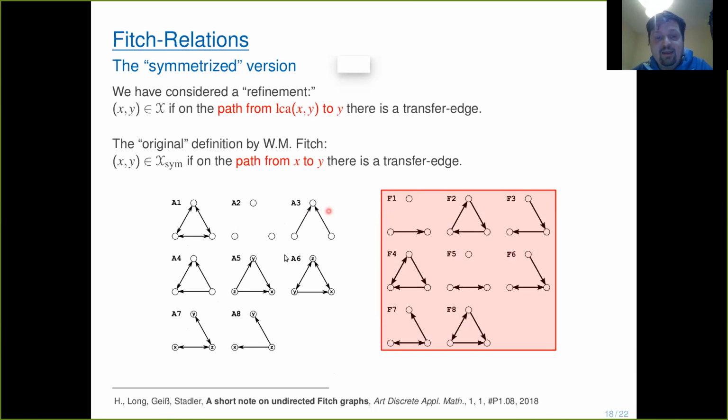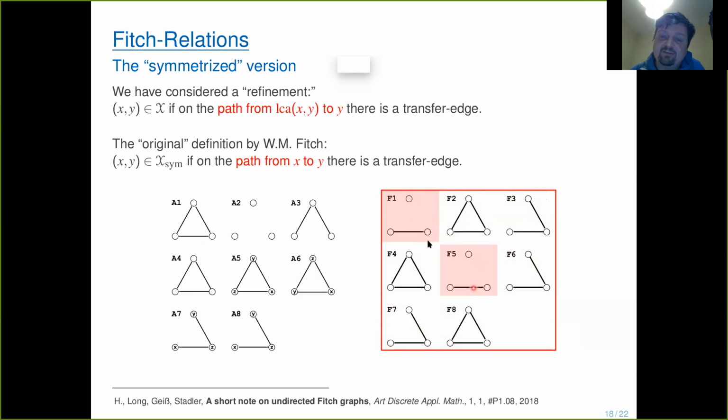But anyways, if you look now at our allowed and forbidden subgraphs, and we simply ignore the directions, we still know that we can explain this graph here by a Fitch tree, namely precisely the one, for example, that explains this relation here. But then this F1, this F2 subgraph, after ignoring the directions, is not a forbidden subgraph anymore. Okay, and the same is true for the other ones.